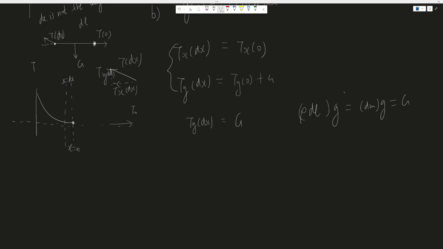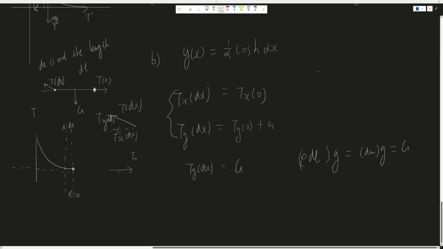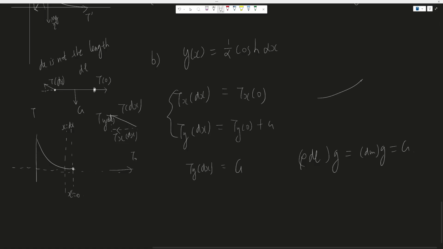Well, first let's think about an unrelated problem. Let's think about this function here. Let's say just a random function. And we're trying to find the length between x and x plus dx. So here and here. The length of this chain.